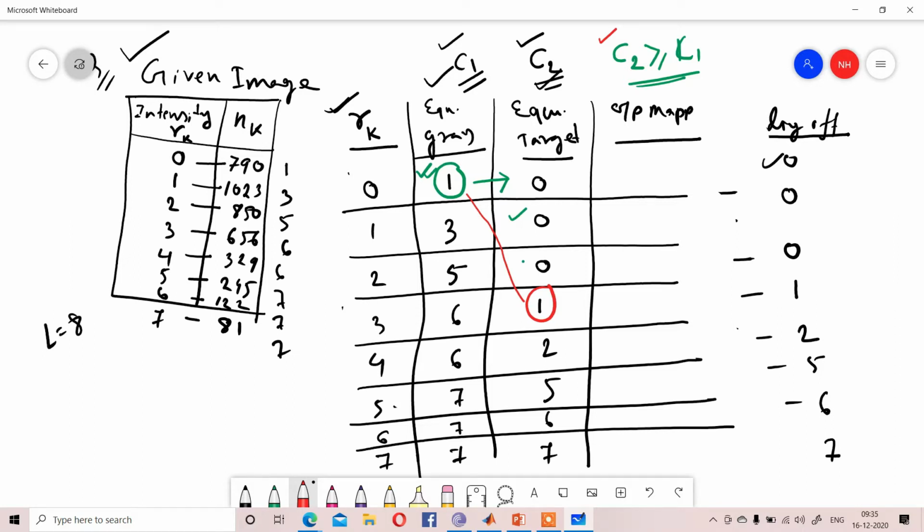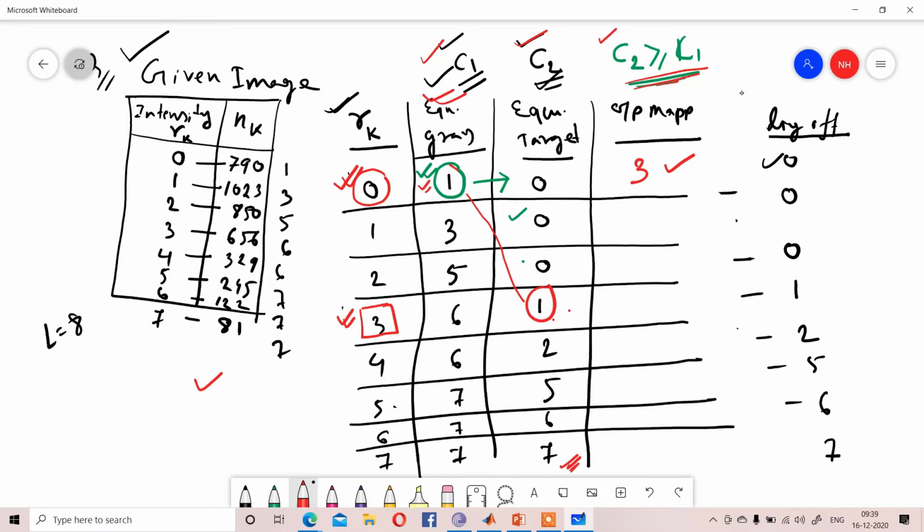Then that intensity level for C1 will be mapped to that intensity level for C2, so 0 will be mapped to 3.